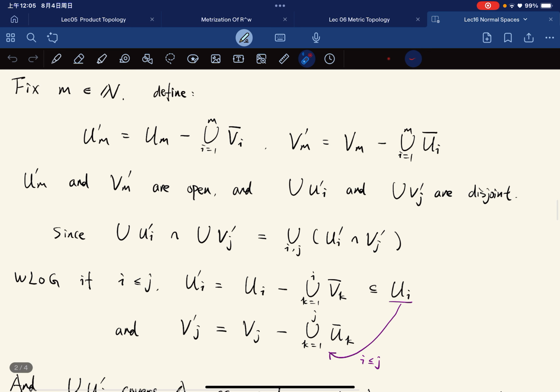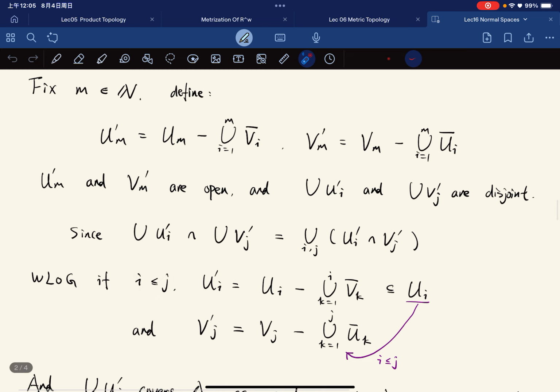We want to show that they are disjoint. By set theory, their intersection is the union over i, j of Ui prime intersect Vj prime. Without loss of generality, if i is less than or equal to j, then Ui prime is Ui minus the union of the Vk bars, and this is obviously contained in Ui. Now for Vj, V prime j is the old Vj subtract the Uk bars.